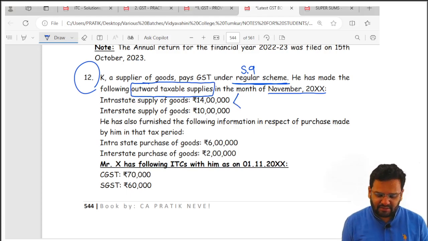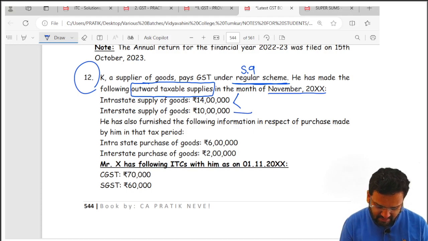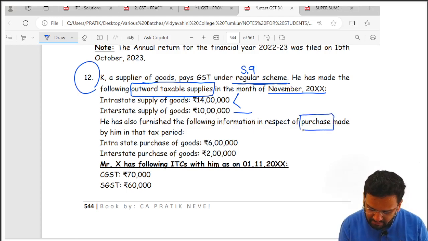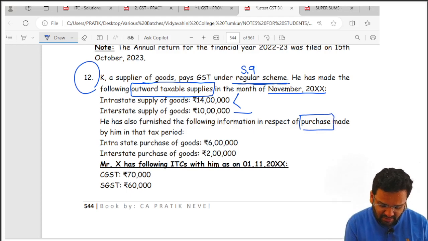CGST and SGST. Interstate supply of goods, IGST. He has also furnished the following information in respect of purchase. From purchase, he has intrastate purchase and he has interstate purchase.